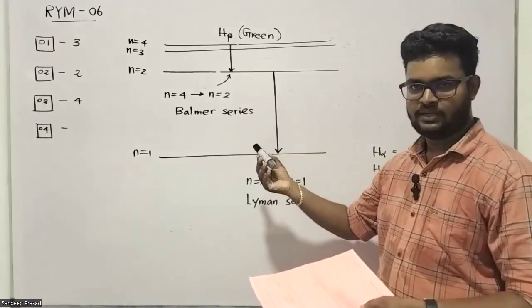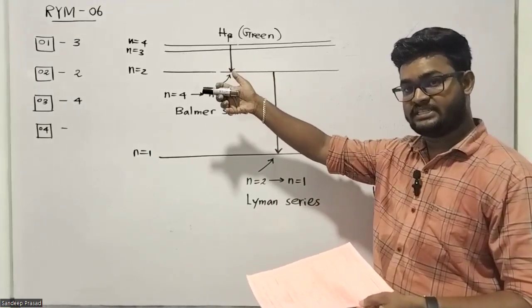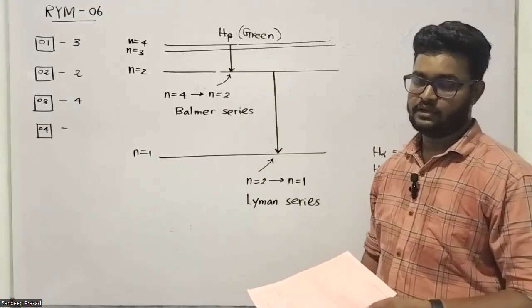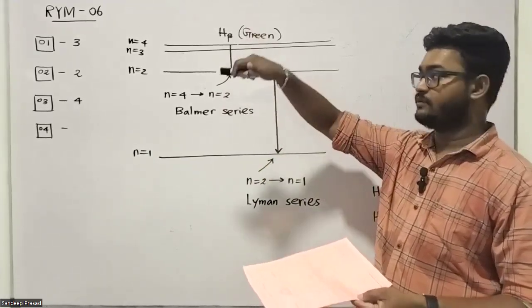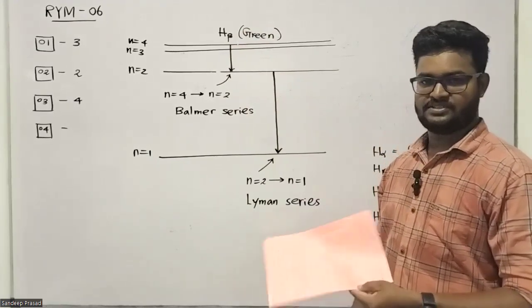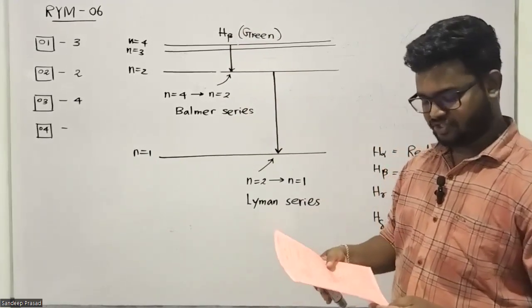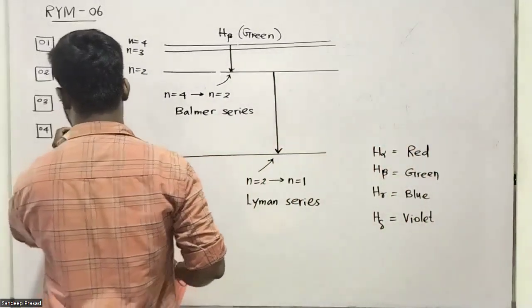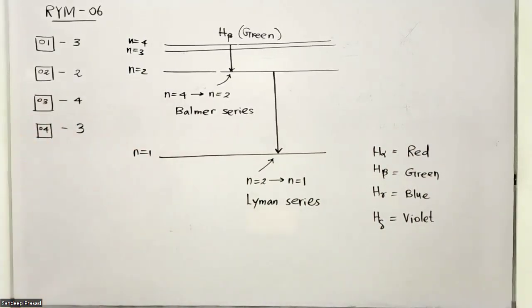Balmer means second. Then Paschen means electron transitions falling to the third principal energy level. Brackett means electron transitions falling to the fourth one. So therefore, we don't have any Brackett series electron transitions. Fifth one is wrong. Question number 4, answer is third. Very easy.